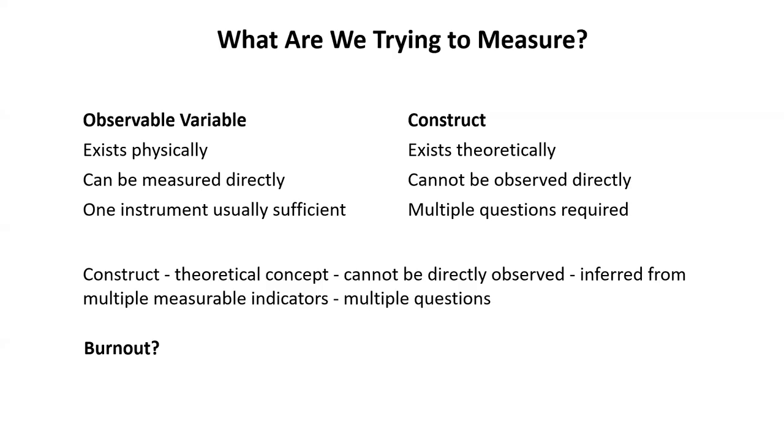You should ask yourself, am I handling any latent construct? That is, is there any variable for which there is no objective way of measuring it, and I'll have to ask multiple questions to understand that theoretical concept? Then you know that that is a latent construct which you are dealing with.